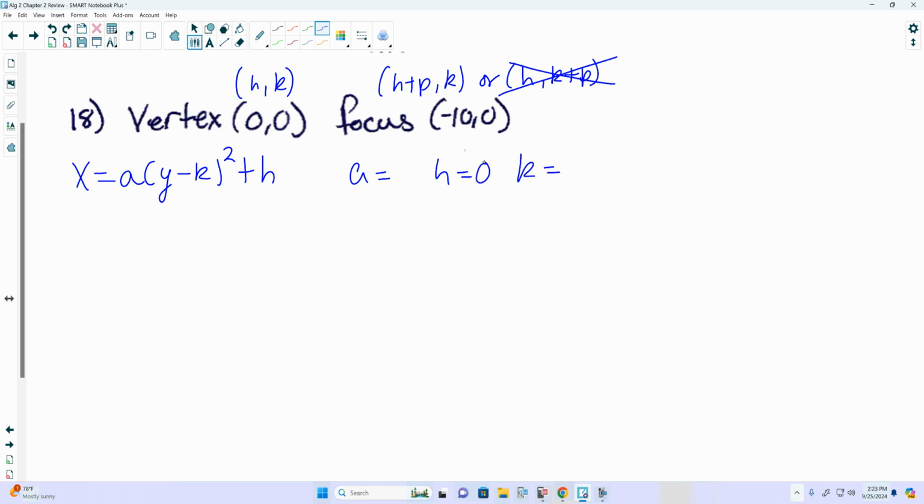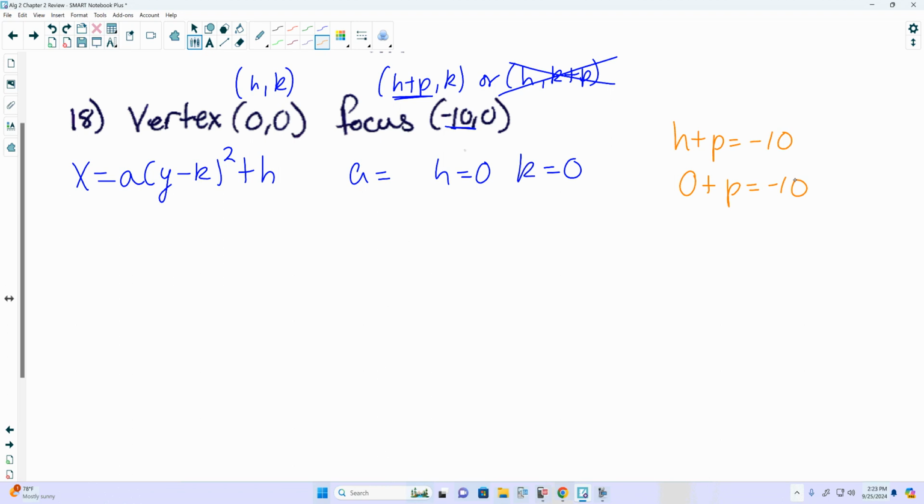Vertex gave us h and k. They're both 0. It also told us that h plus p is -10. The focus is a little bit nicer than the vertex.